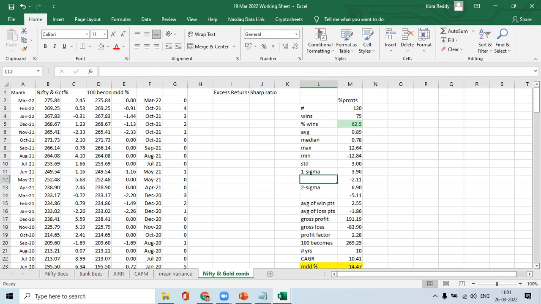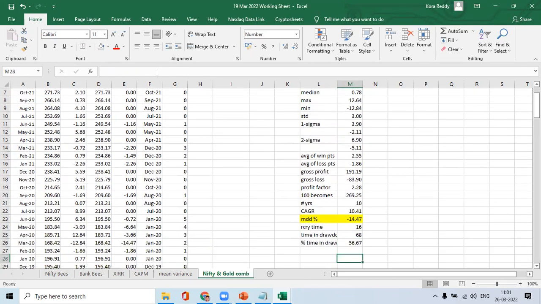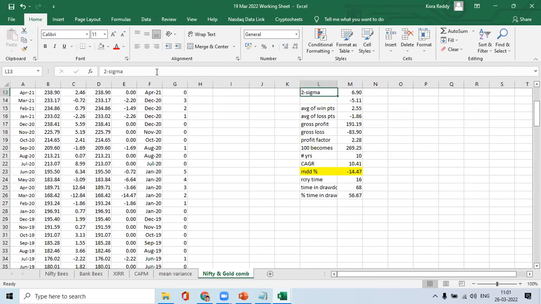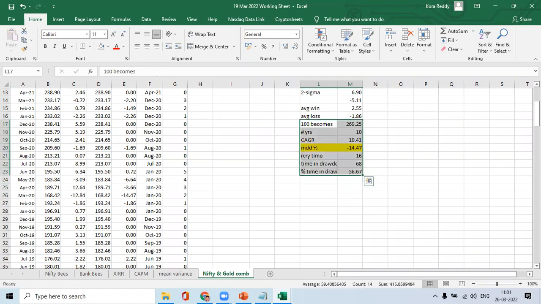And this you can go back and refer whatever the sigma means, this, that, and all. So average win loss, this won't be applicable here because we have to again recalculate them. And these are the other characteristics.